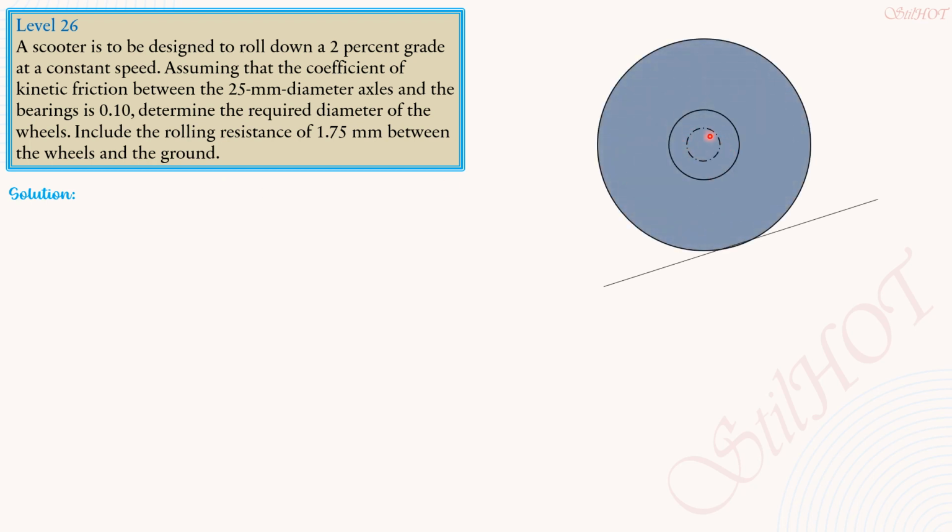So this is the circle of friction, this is the radius of the wheel, axle radius R. The radius of the scooter, let's call that capital R sub S. This is the circle of friction of radius R sub F. Then the weight W is tangent to the circle of friction, and it should coincide with the point where the reaction between the outer surface of the scooter wheel and the ground meet.